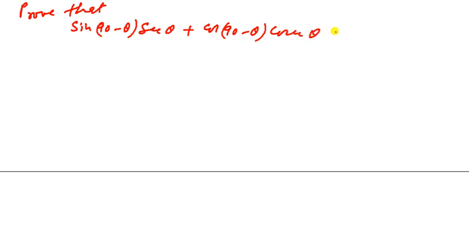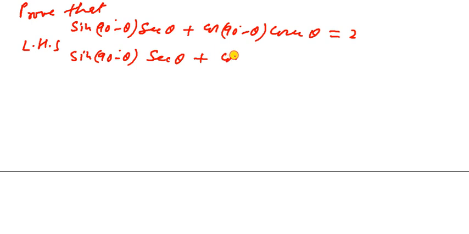Now come to the next question. The next question is to prove that sine 90 minus theta sec theta plus cos 90 minus theta cosec theta is equal to 2.